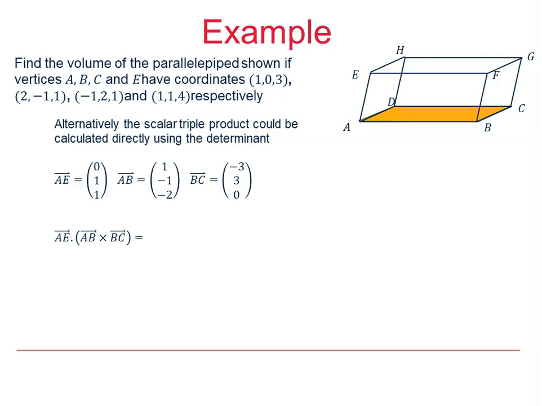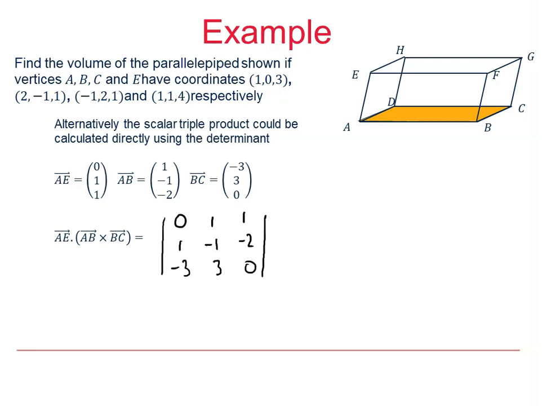So the scalar triple product is given by the determinant made up of the values in those vectors written along the rows. So AE 0, 1, 1, AB 1, negative 1, negative 2, and BC negative 3, 3, 0.